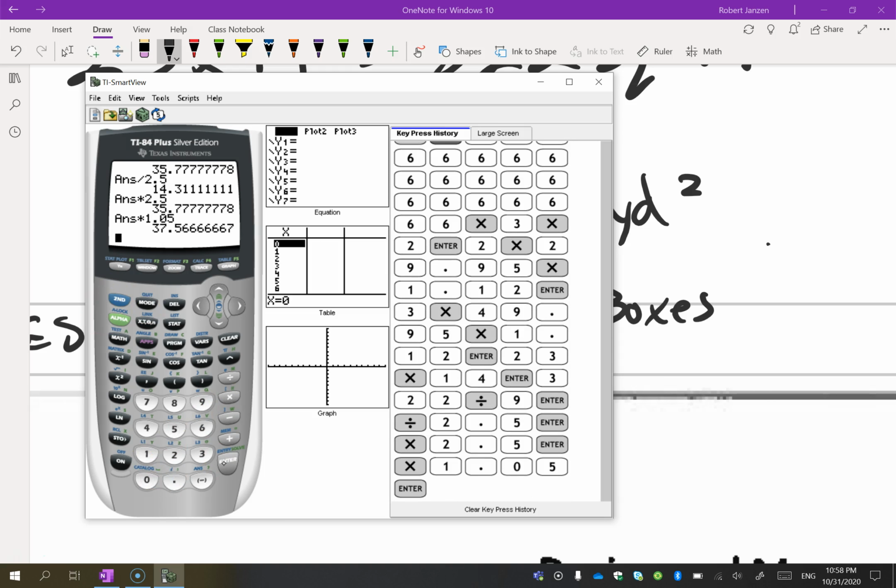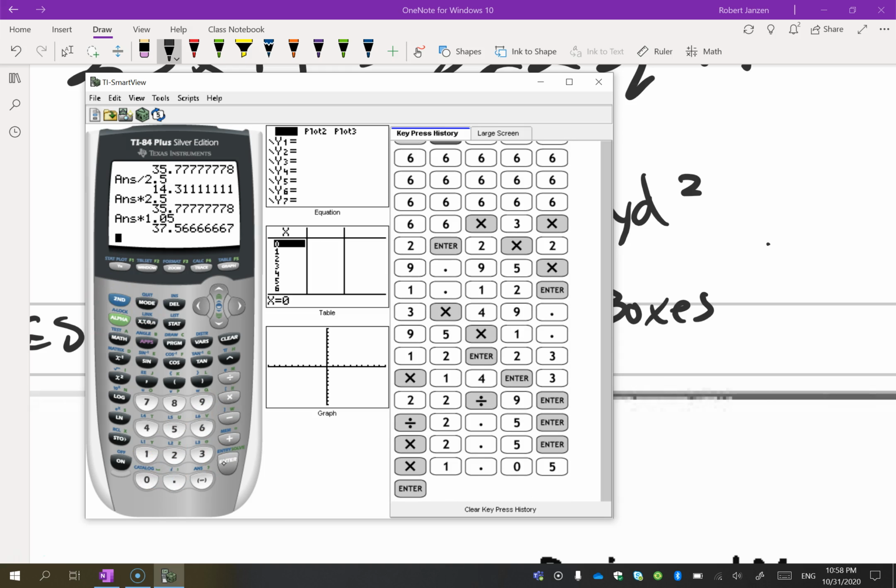Okay, and now I'm going to divide that by 2.5 to find out how many boxes. So I need 15 point... oh, this is cruel. I need 15.02 boxes. What would you do?